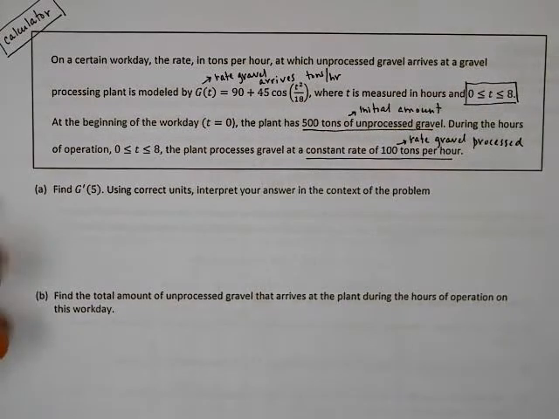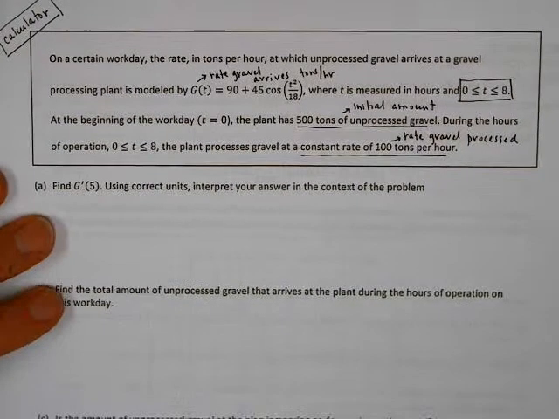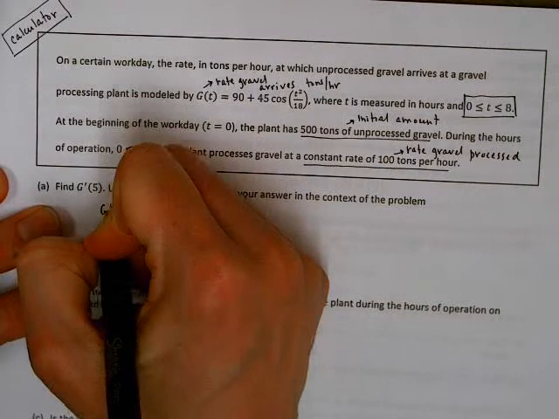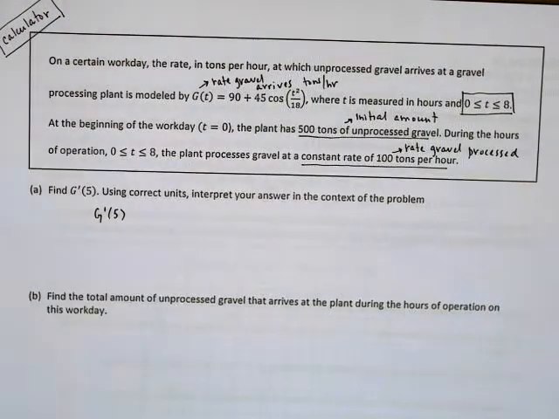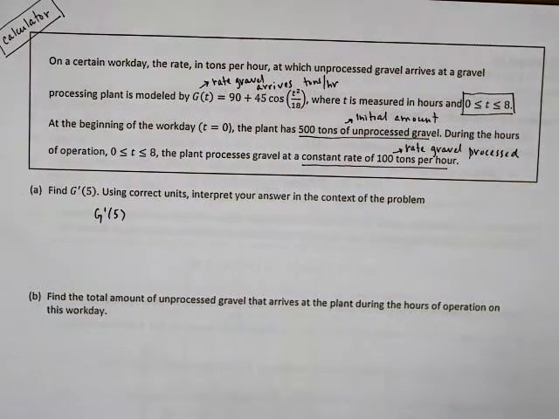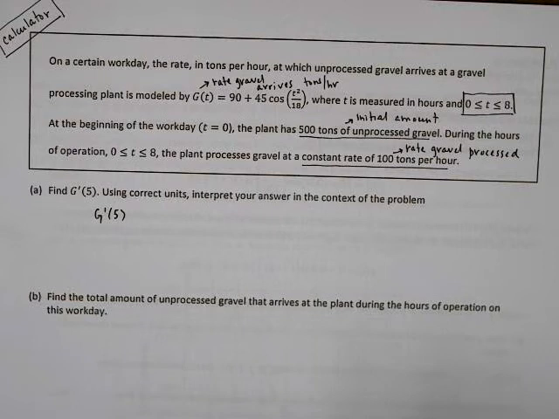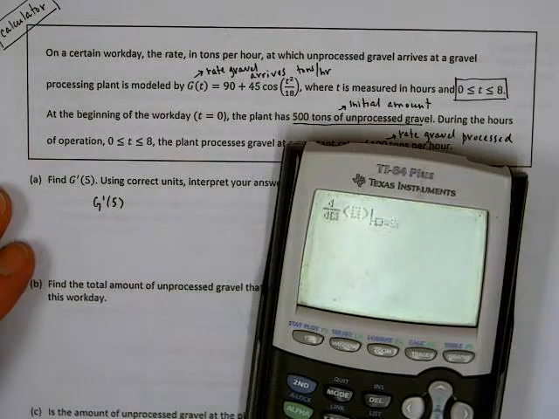So let's look at the questions here. My first one is to find G prime of 5. I'm going to use my calculator to do this. I'm going to make sure that I am in radians mode, and I'm going to use my math 8.